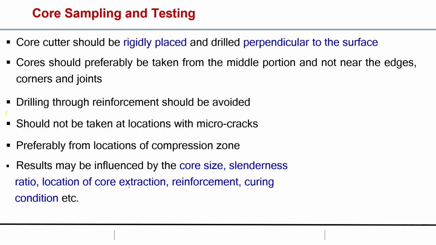Now, very important part, that extracting a core isn't just drilling a random hole. There are strict site guidelines you must follow under IS 516 Part 4. So let's see. The core cutter should be rigidly placed, and it should be drilled perpendicular to the surface.